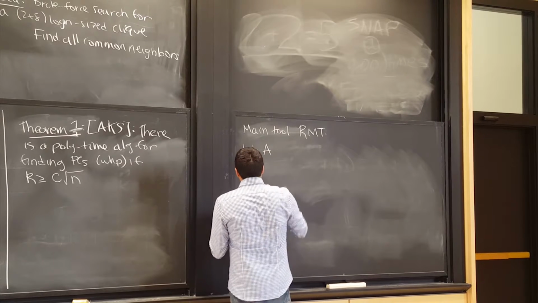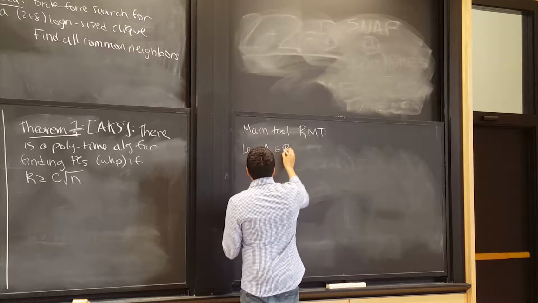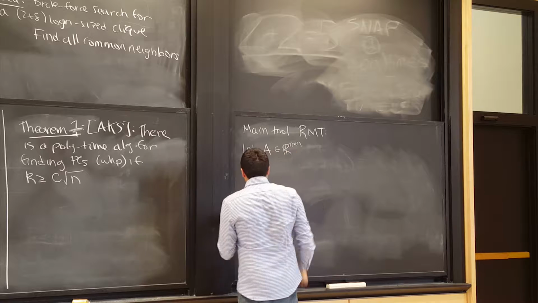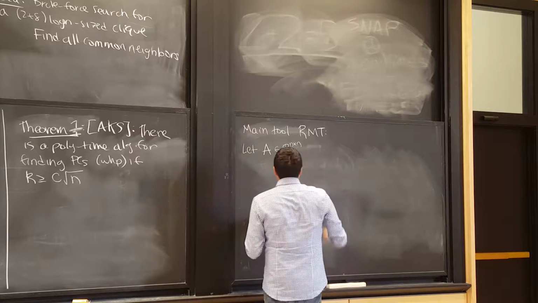Imagine we take some matrix A that is an n by n matrix, one row and column for each vertex.